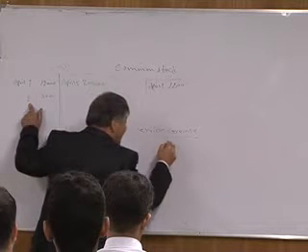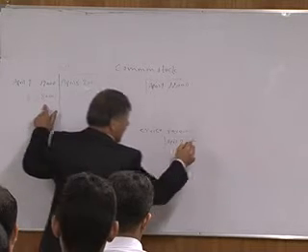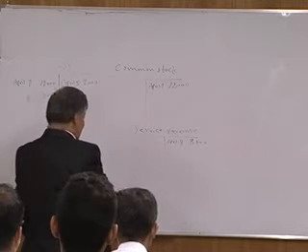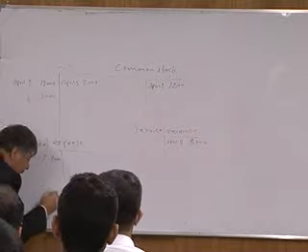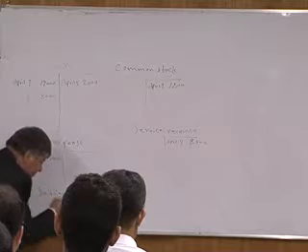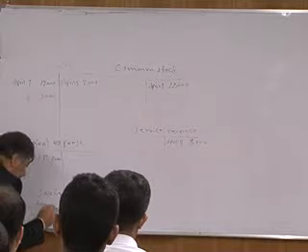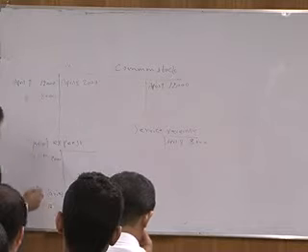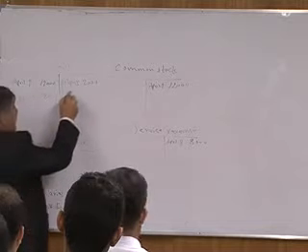The same date, $8,000. Now here, salaries expense. This is a debit on April 25, with 5,000. The credit, April 5.